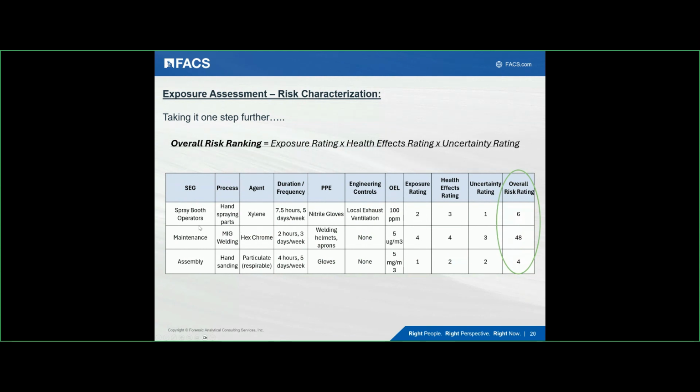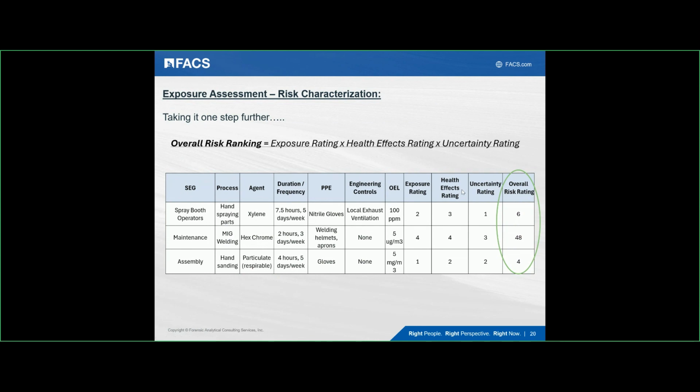Some examples here, identifying a few SEGs, correlating the process or processes involved within that SEG, the agents of concern, their exposure, duration, and frequency, understanding what PPE is currently required or being used, any engineering controls that are already in place, defining the occupational exposure limit or OEL for that agent, and then again, ranking your exposure rating, the health effects rating, and the degree of uncertainty to provide you with an overall risk rating, right?